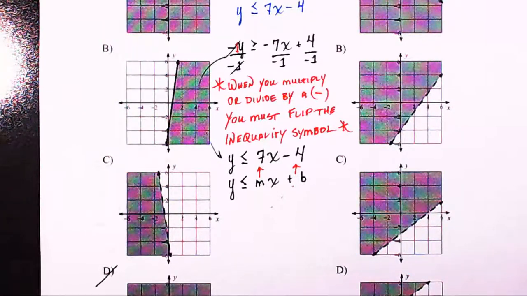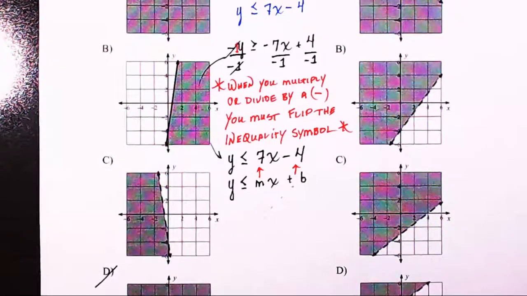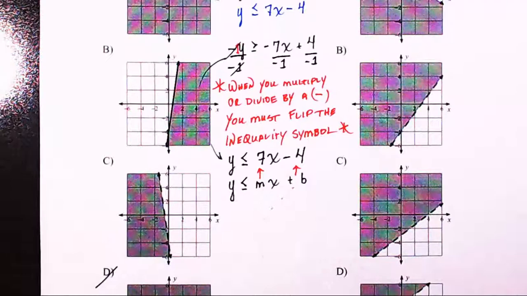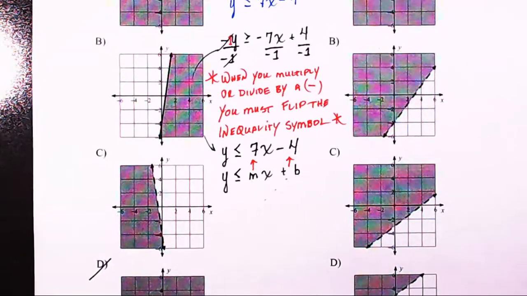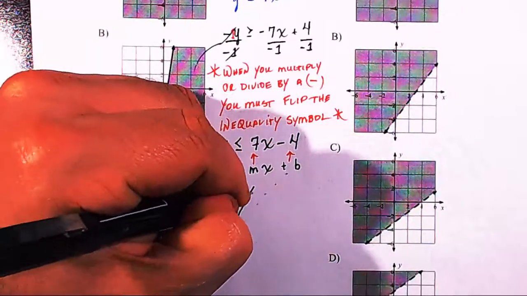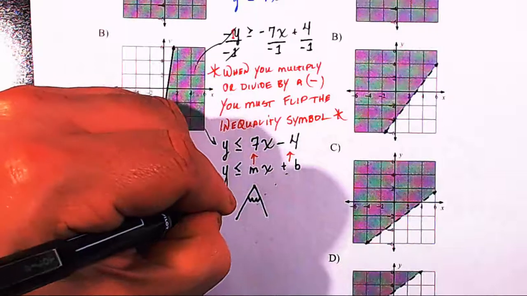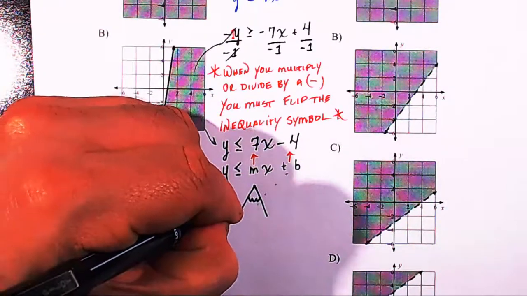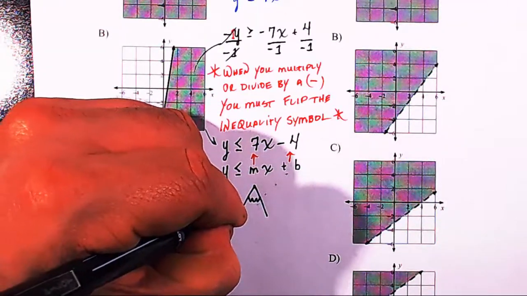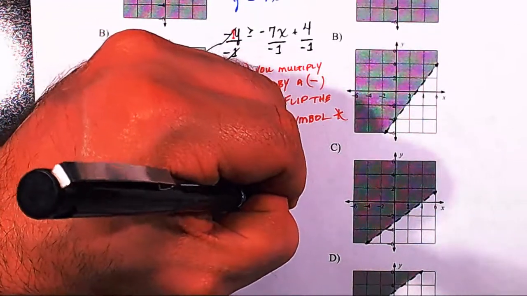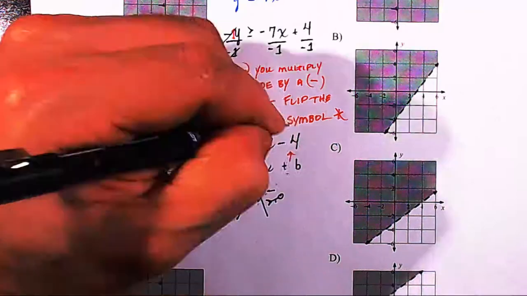Which one is it? Well, take a look at the slope and ask yourself, is the 7 sitting right there positive or negative? Remember, if the slope is like a mountain, positive slopes go up the mountain. Negative slope is going down the mountain.